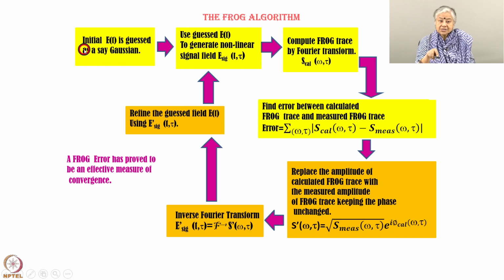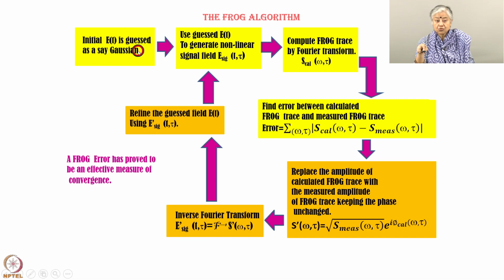So, I have this initial E(t) guessed, say, let it be a Gaussian. That means I am guessing a pulse first. I am trying to find out what E(t) is, the shape of E(t), how the E(t) function varies with time. That is my aim, but I do not know that.